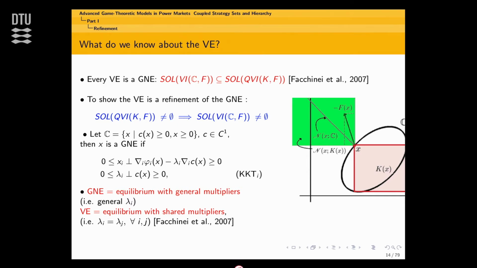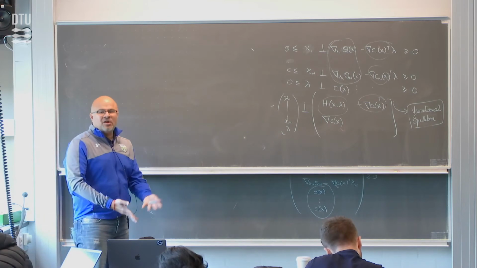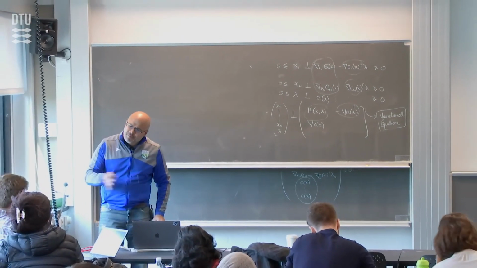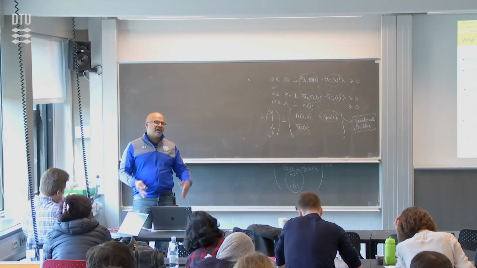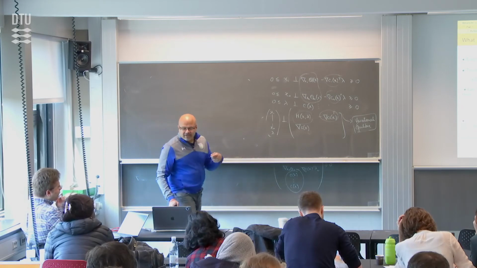The reason why we're interested in solving the VE is because the VE is tractable. The VE requires you to solve a single variational inequality problem, and we have a much better understanding of solving those, right? We can leverage the monotonicity of the map to construct algorithms.